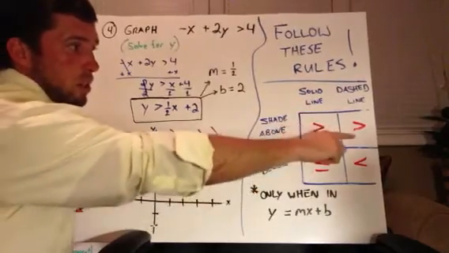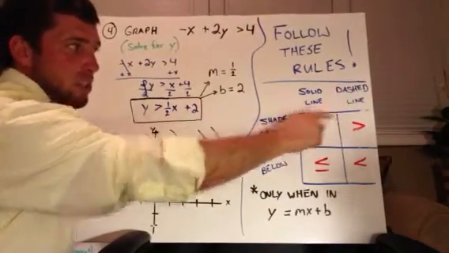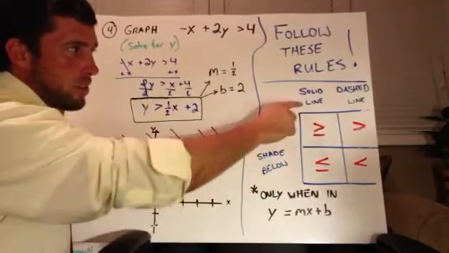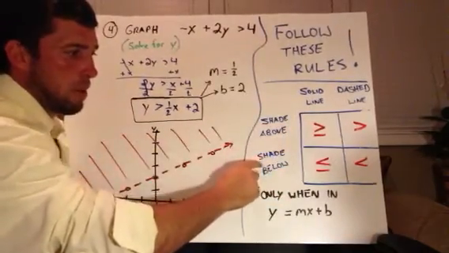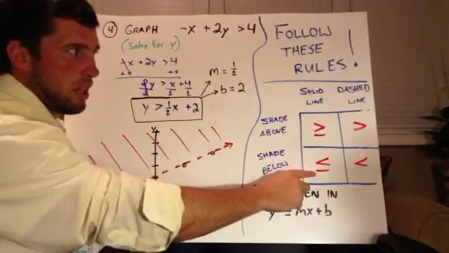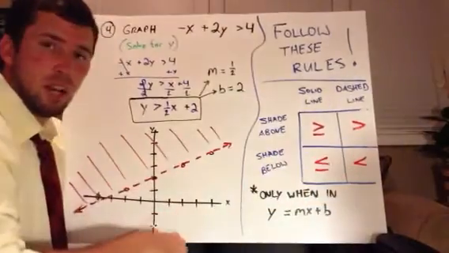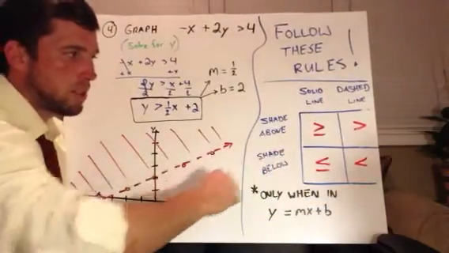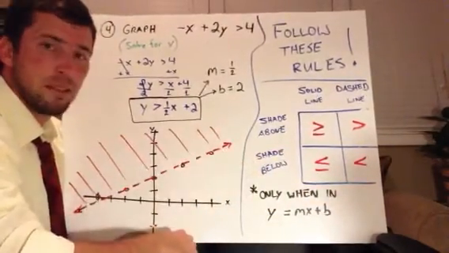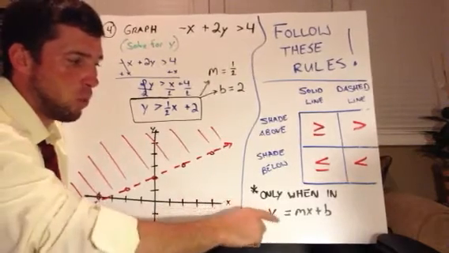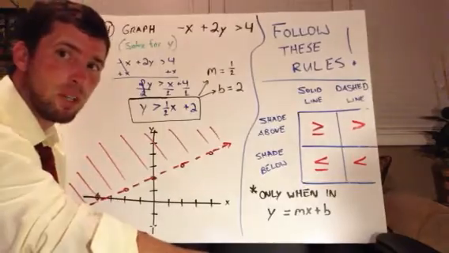You shade above still when you have a greater than, but you have a dashed line. And just follow the matrix. If you want to have a solid line and shade below, you have less than or equal to. And if it's a dashed line and you're shading below, it ought to have been a less than sign. So maybe write this down in your notes, keep that in there, and refer to it when you get confused. Okay, that's only when you have it in y equals form. Y equals mx plus b. Alright?